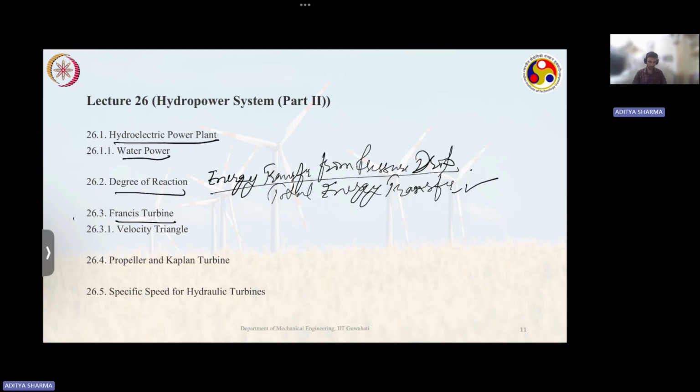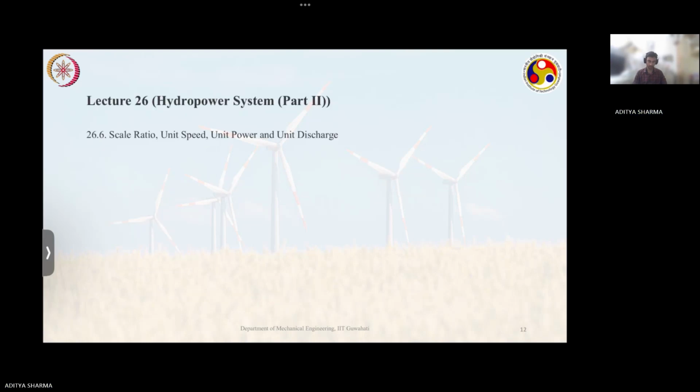Then is Francis turbine. To visualize Francis turbine, you see some animation on YouTube. Highly recommended. Then velocity triangle, which I'll draw. Then propeller and Kaplan turbine. And what is specific speed for hydraulic turbines? Then scale ratio, unit speed, unit power, unit discharge, which correspond to H equals 1 meter.